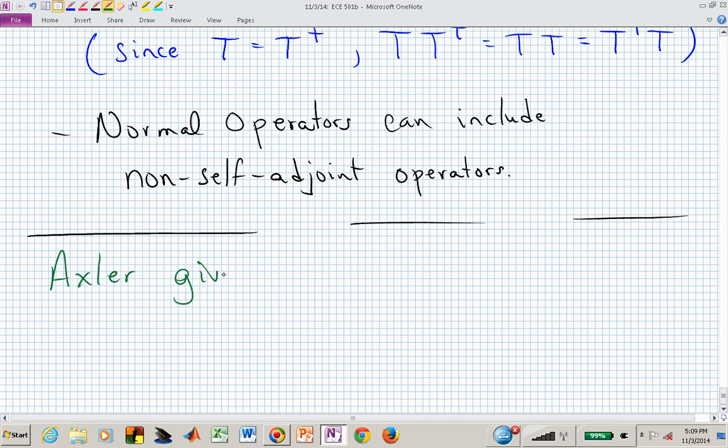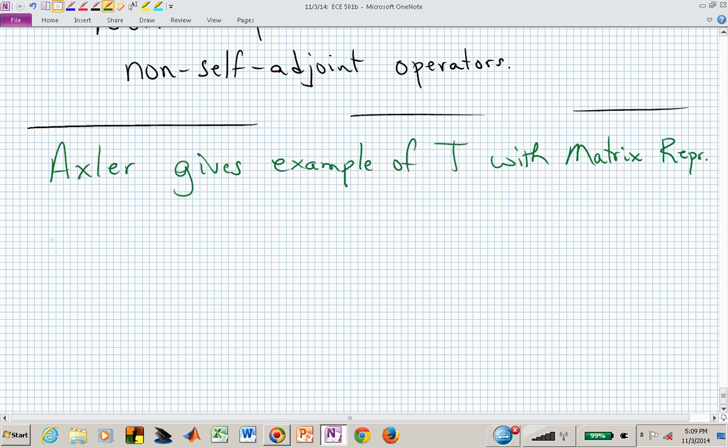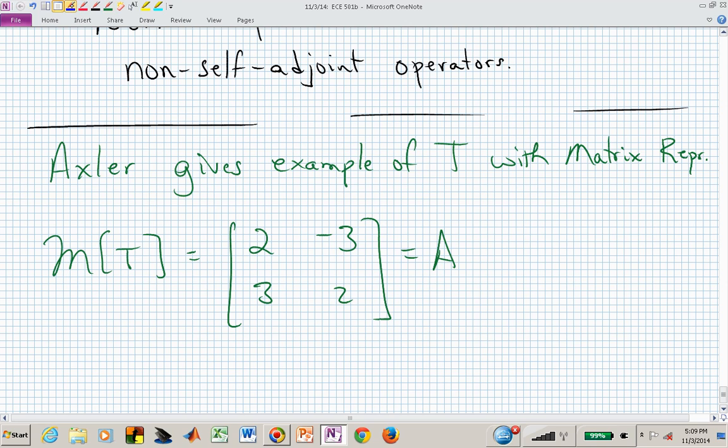Axler gives an example of T, or its matrix representation, the matrix representation of a linear map T. Suppose that the matrix representation of a linear map T is 2, -3, 3, 2. And I may call that capital A. Is that self-adjoint?